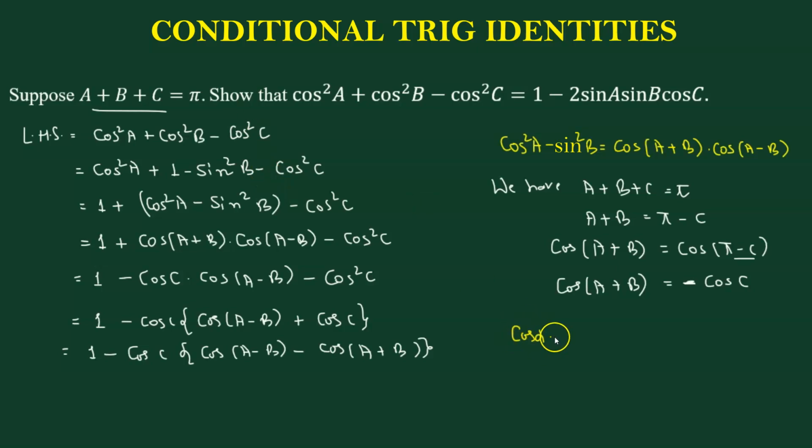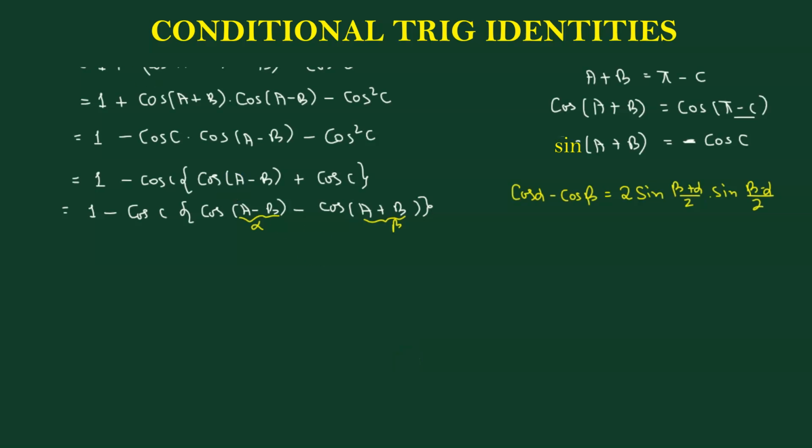If we have cosine of alpha minus cosine of beta, that's equal to 2 times sine of the angle beta plus alpha over 2 multiplied by sine of the angle beta minus alpha over 2. In this case, we consider a minus b to be alpha and a plus b to be beta.